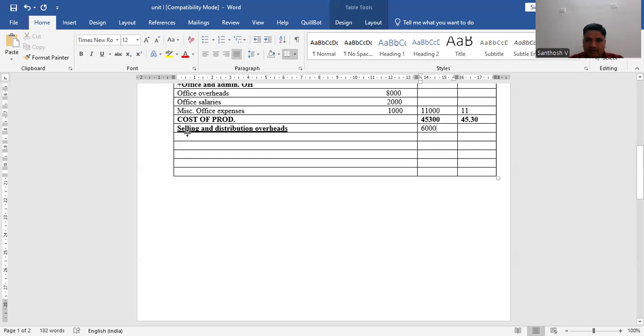So 45,300, this is also going to add 6,000. So 45,300 plus 6,000, exactly you will get 51,300. So 6,000 divided by 1,000 units, in the sense you will get 6 rupees.